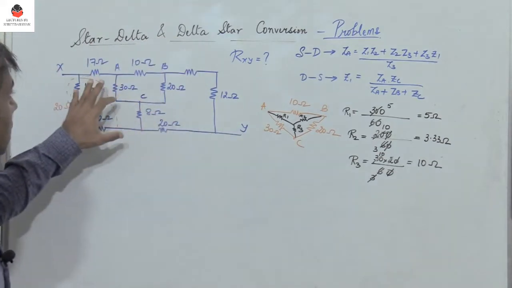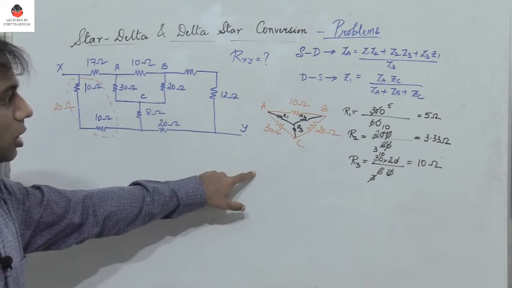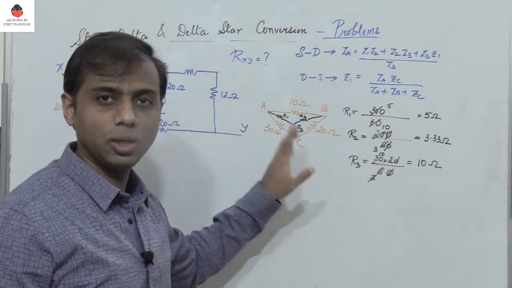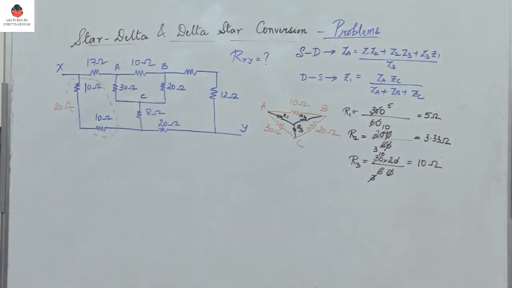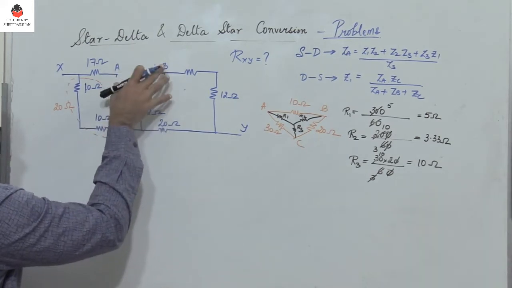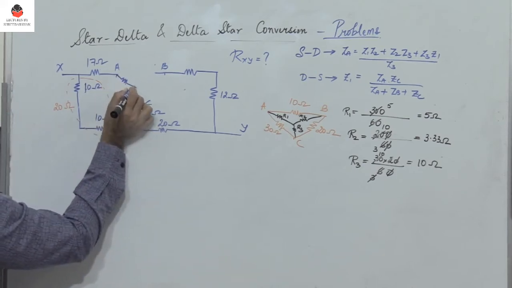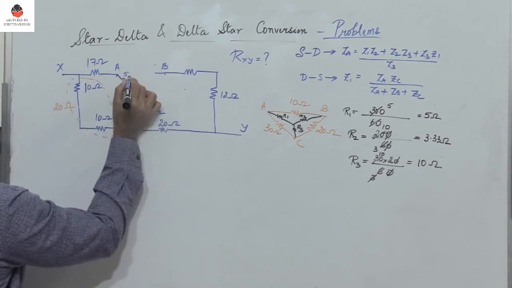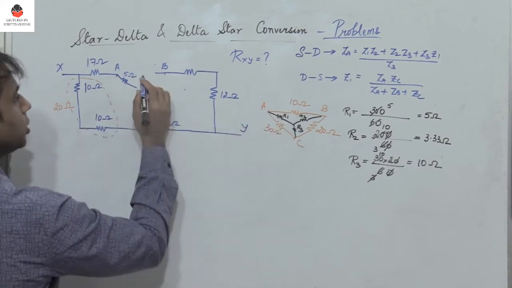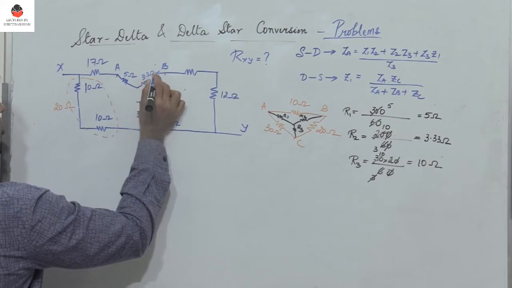So now let me replace this delta network by the star network with resistances R1, R2 and R3 as we have calculated. So now observe, you have A, B, C. So the entire delta network is now replaced by the star. So I have R1. R1 is 5 ohm. And then you have R2, which is 3.33 ohm.